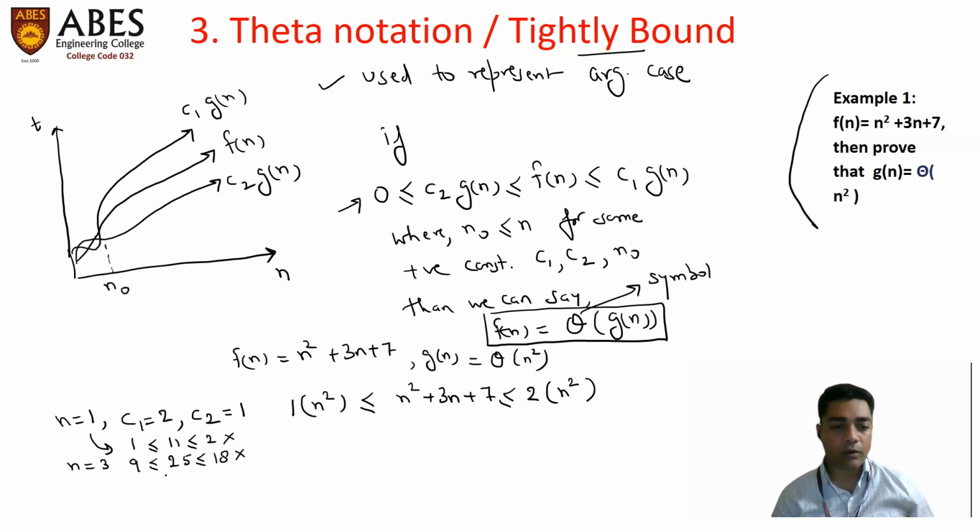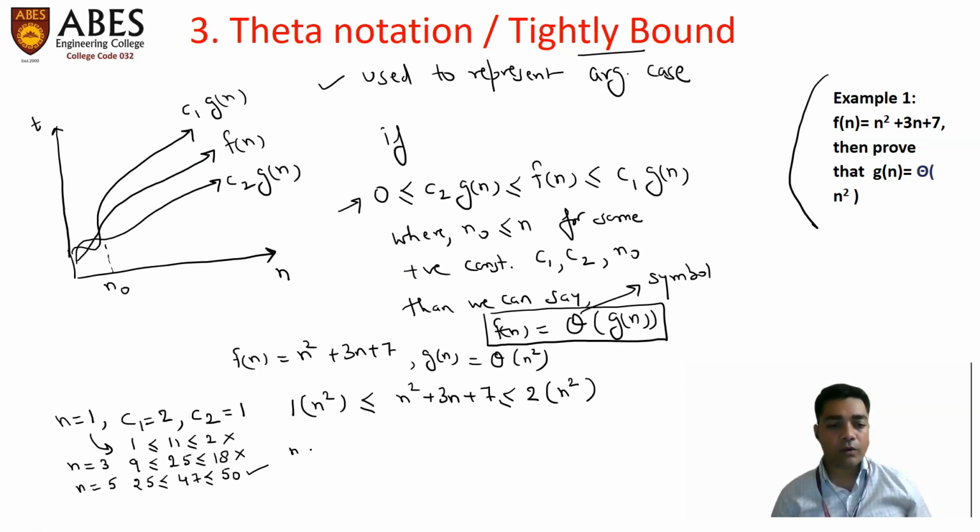So no, this is not correct. I'm skipping 4 and jumping ahead, since I need to find it fast. n equal to 5, so 25 less than or equal to 25 plus 15, 40 plus 7, 47, less than or equal to 25 into 2, 50. Yes. So from n equal to 5, we are going to get the correct answer.